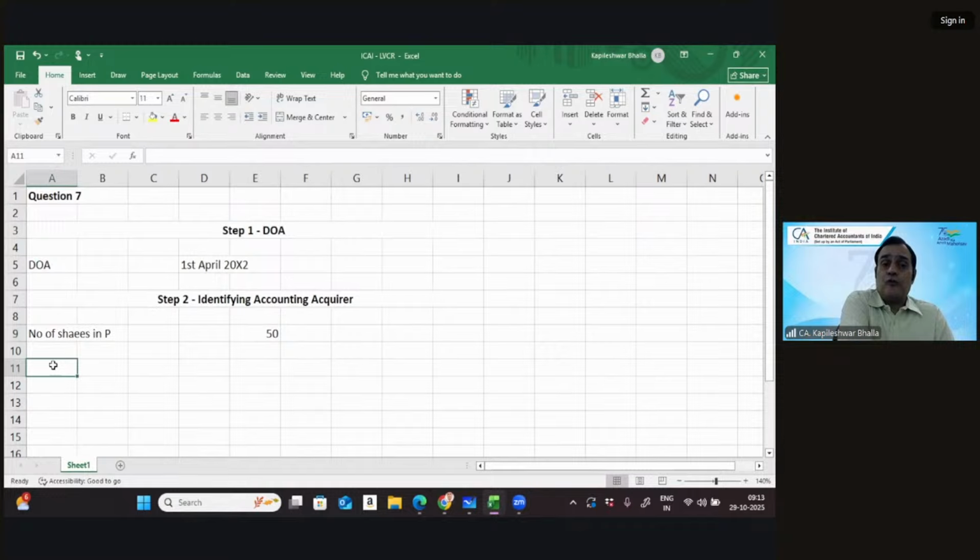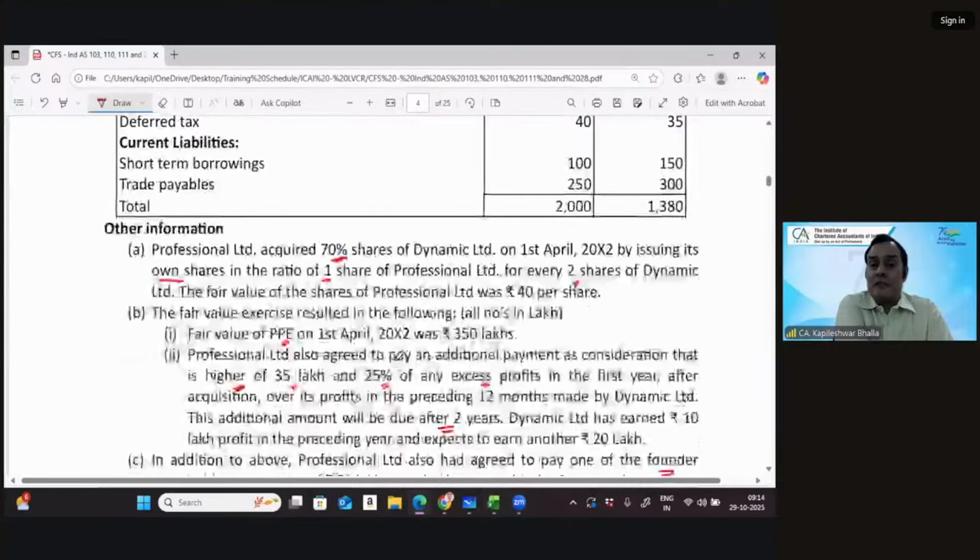Now, I also want to find out the number of shares acquired by P in Dynamic, that is D. So I want to calculate the number of shares acquired in this particular case. If I look at the data in clause A, he's acquired 70% shares.